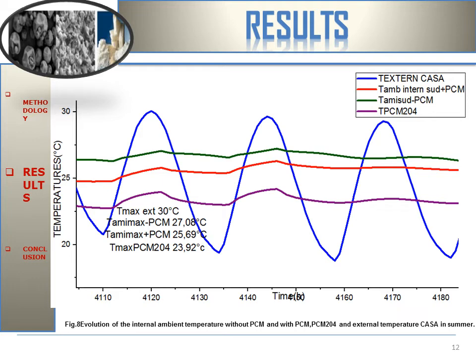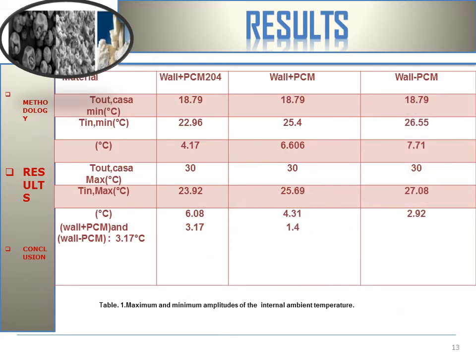The PCM integration attenuates the maximum temperature peaks by 3 degrees Celsius in comparison to the wall without PCM, corresponding to an 11.4% reduction.